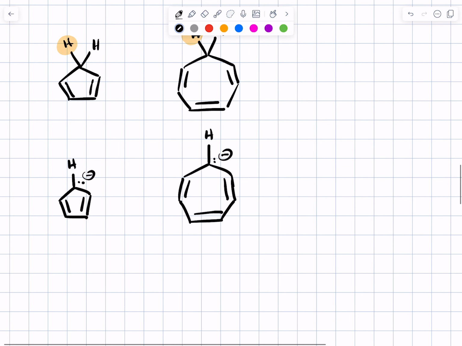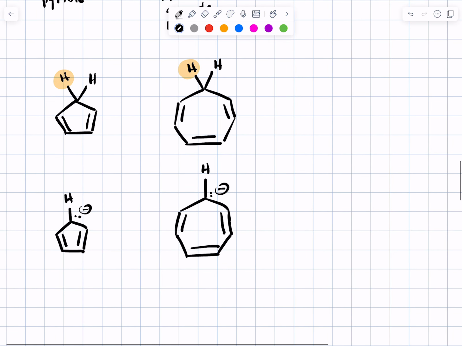Okay, so look at those anions. Tell me about this one. Does it check the boxes for aromaticity? Cyclic, fully conjugated, how many pi electrons? 6, good. So this one is aromatic.